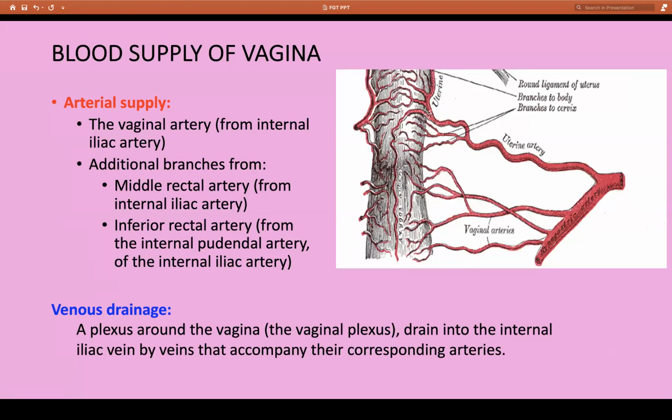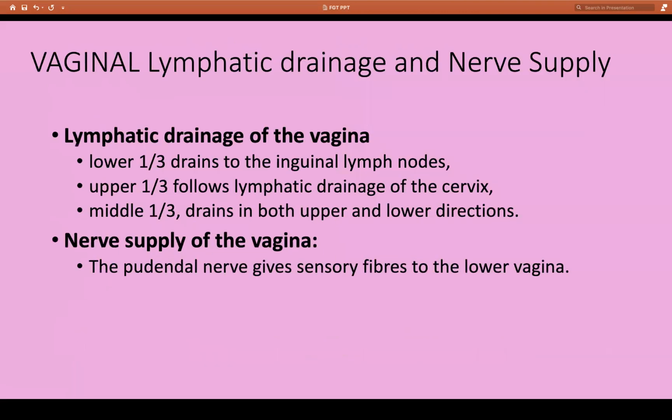Blood supply, again, arterial supply from vaginal artery and middle rectal and inferior rectal artery, and venous drainage, all the veins make a plexus and drain into internal iliac veins. Vaginal lymphatic drainage and nerve supply.